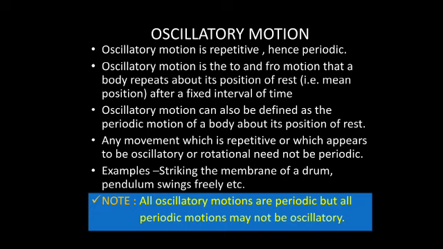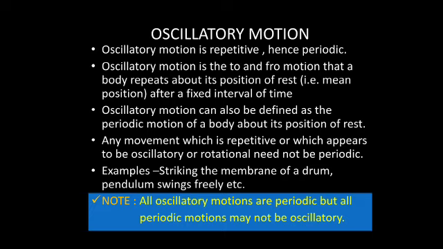Oscillatory motion is repetitive, hence periodic. Oscillatory motion is the to and fro motion that a body repeats about its position of rest, that is the mean position, after a fixed interval of time. Oscillatory motion can also be defined as the periodic motion of a body about its position of rest. Any movement which is repetitive or which appears to be oscillatory or rotational need not be periodic.